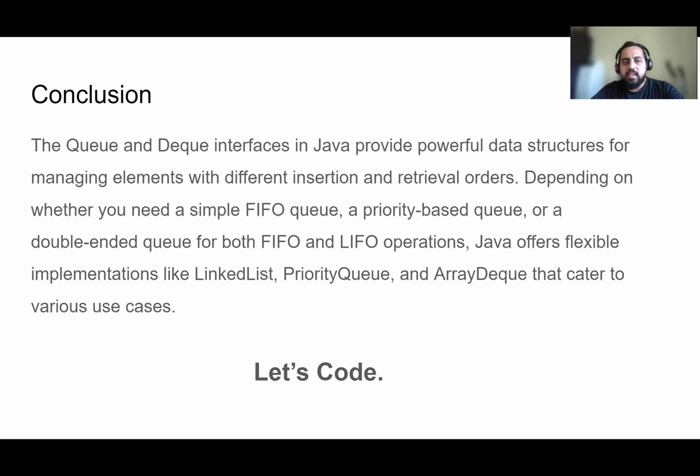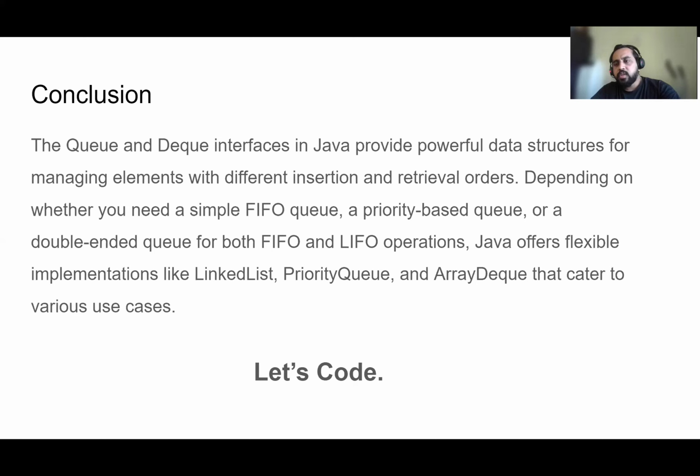Well, as a final conclusion, the Q and DQ interfaces in Java provide a powerful data structure for managing elements with different insertion and retrieval orders. Depending on whether you need FIFO, a priority-based queue, or a double-ended queue for both FIFO and LIFO, it's all up to the requirement. Java offers flexible implementations: linked list, which acts as both Q and DQ, priority queue, and also ArrayDQ, which cater to various use cases.